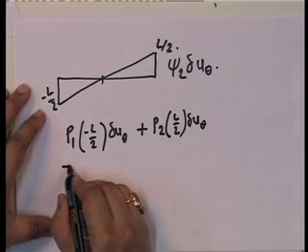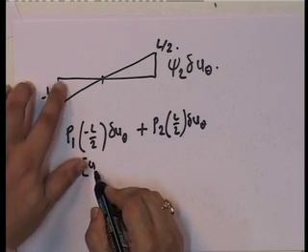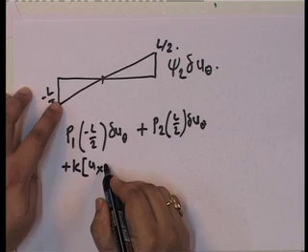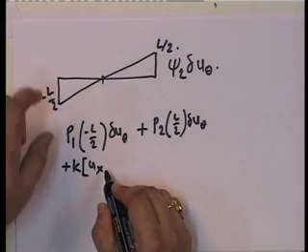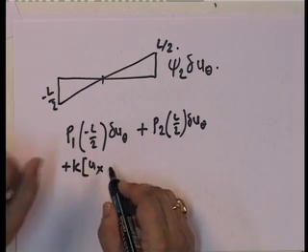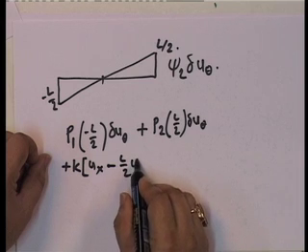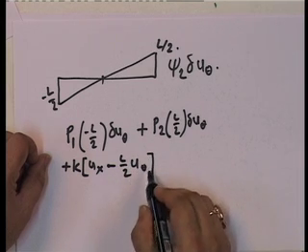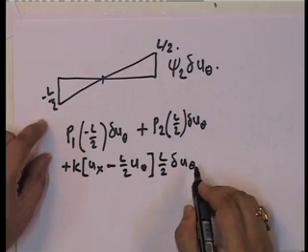Then we have plus K into that force, and I am giving plus because it has minus L upon 2, so minus into minus makes it plus, L upon 2 u theta into L by 2 delta u theta.